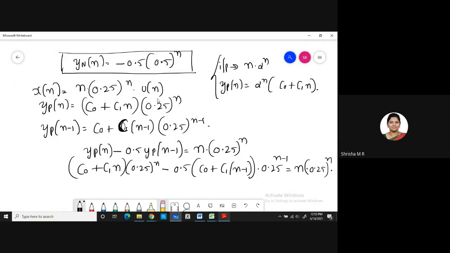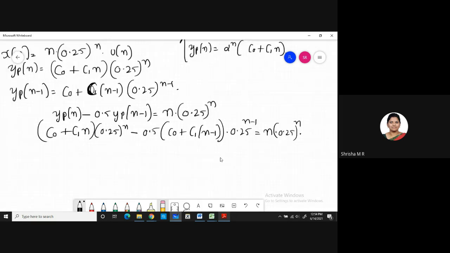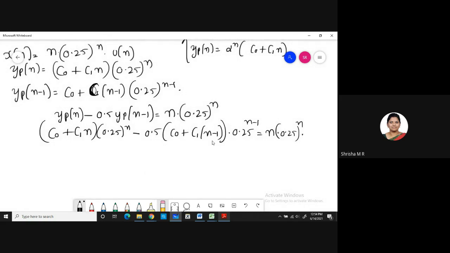Okay. So now what you will do? Next step. I have put Yp of n and Yp of n minus 1 in the difference equation given in the question. Now let us try to cancel out this 0.25 to the power of n on both sides, LHS and RHS. For that we will do one modification.